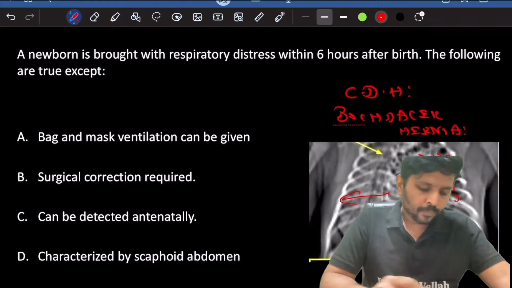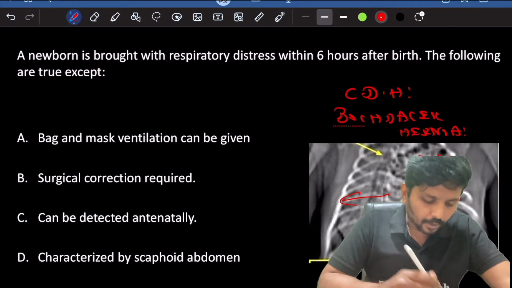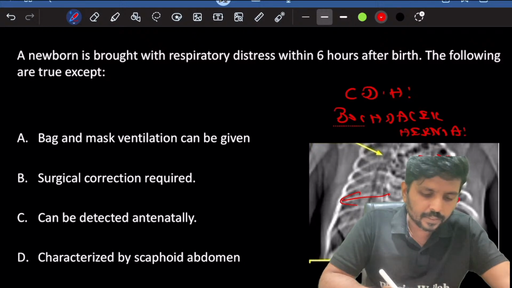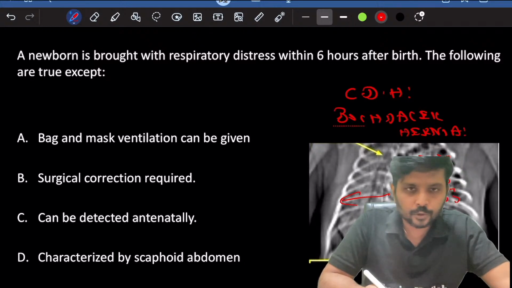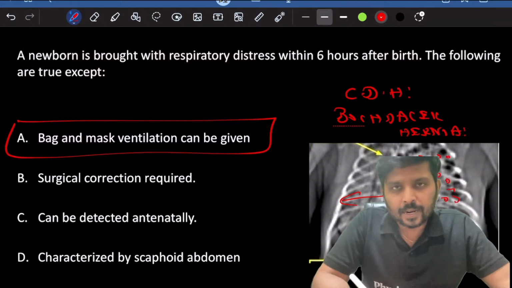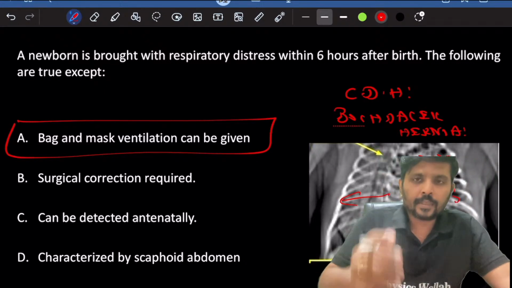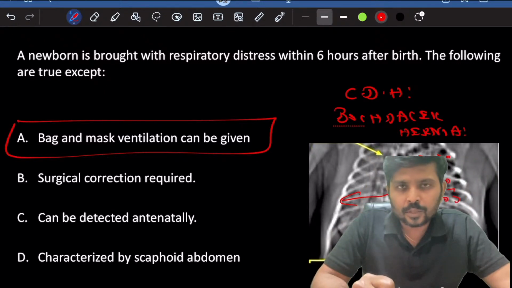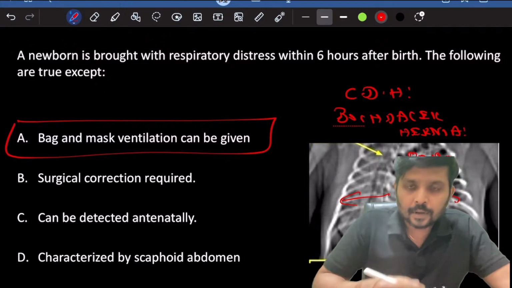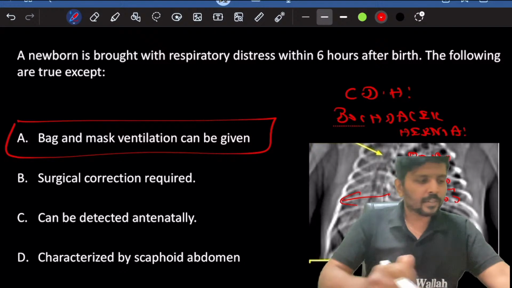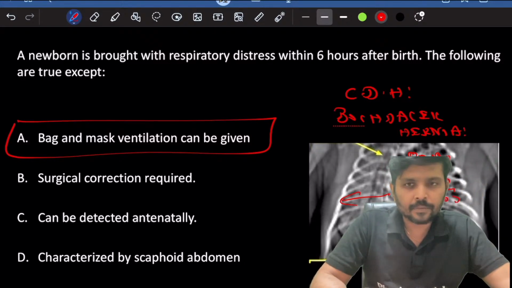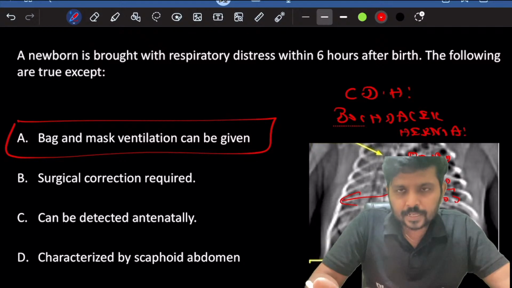So a newborn is brought with respiratory distress within 6 hours after birth. Can you give bag and mask ventilation? If you give bag and mask ventilation, the air that you are giving will enter the esophagus and intestine.